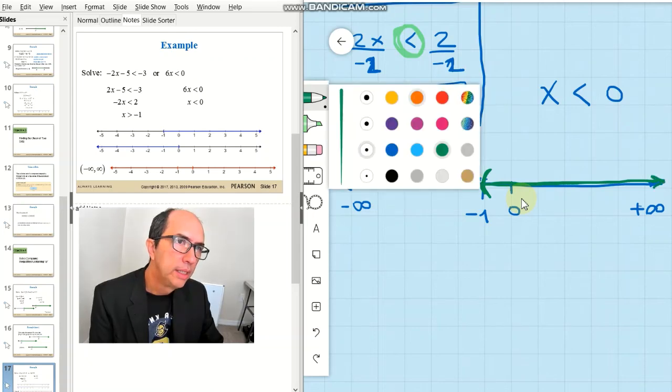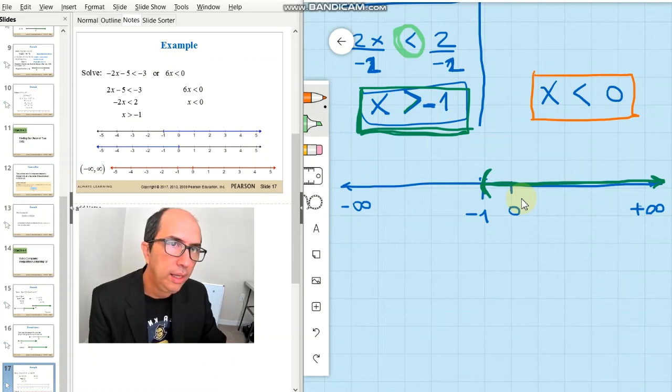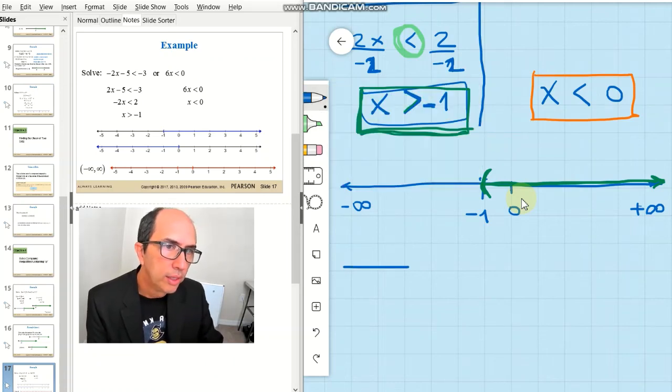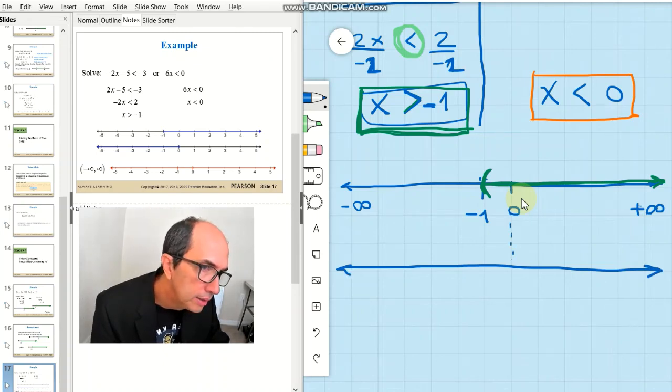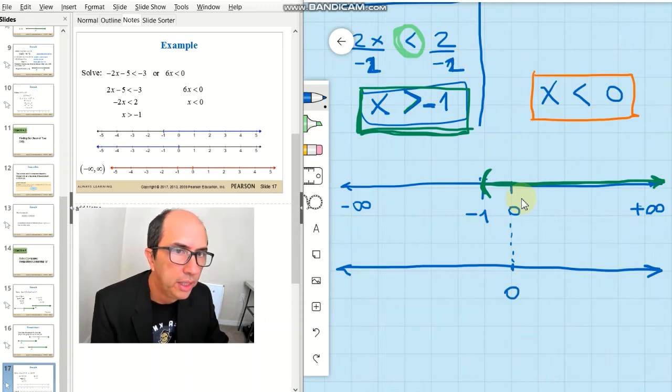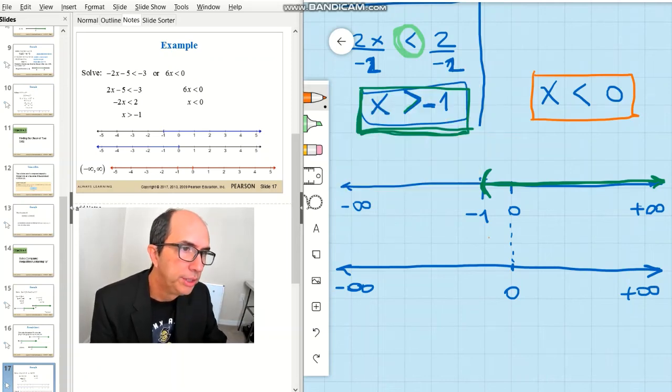Let's represent x is less than 0, the other inequality. I'm going to represent underneath, draw another line, make 0 aligned, negative infinity to positive infinity. Let's represent in orange. Less than 0, there's no equal, so parentheses, everything to the left-hand side of 0 is included.